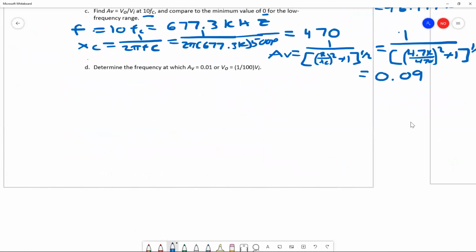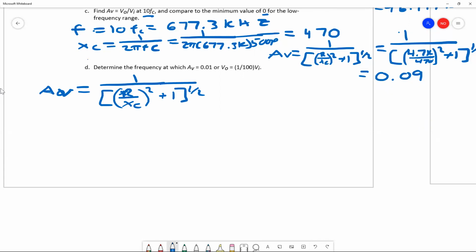And the last part, determine the frequency at which AV, or VO over VI, is equal to this. So they want you to basically take the problem we did before and do it in the opposite order. So what we're going to do is start with AV equals 1 over the square root of (R over XC) squared plus 1.